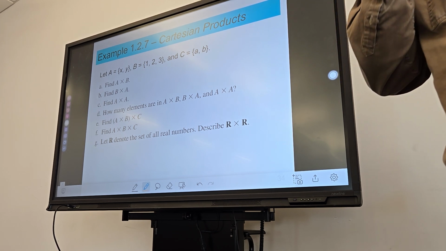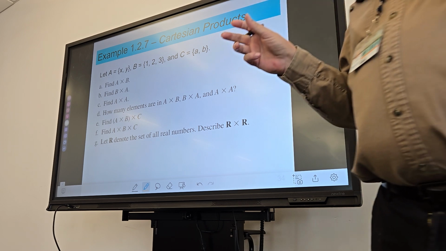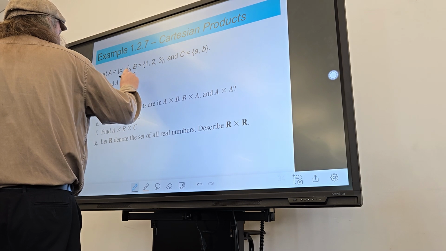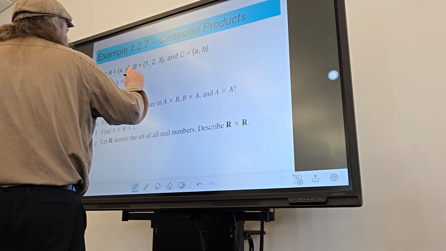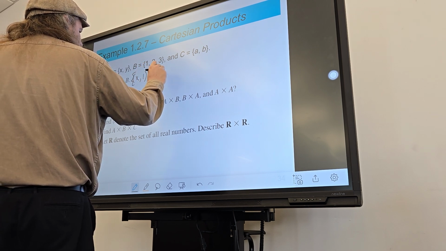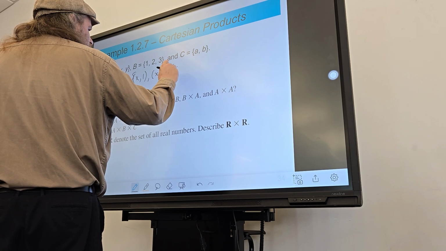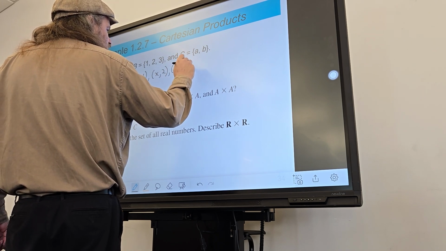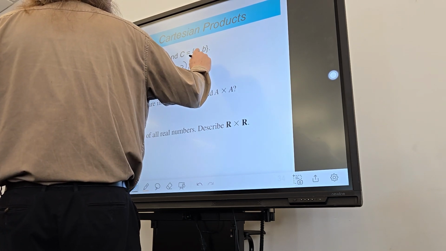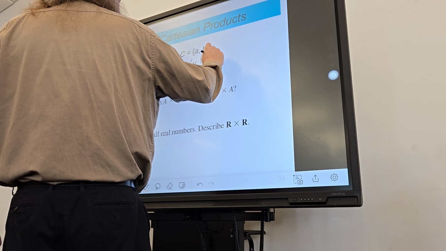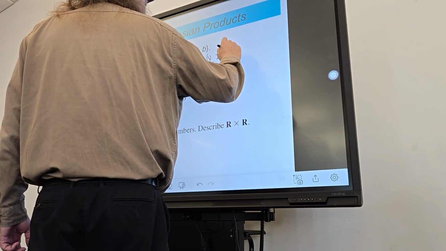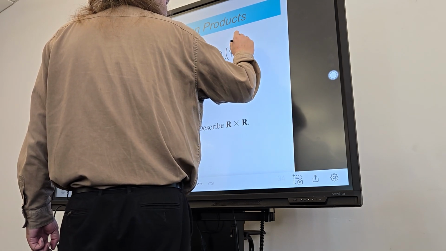All combinations of elements from A and elements from B. No, it would be x comma 1, x comma 2, x comma 3. Exactly. Exactly. Y comma 3.